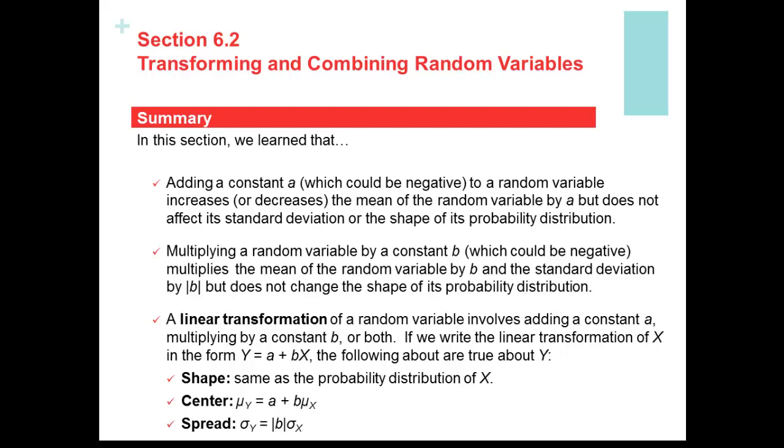The center, mu sub y, will equal a plus b times mu sub x. So you take the mean of the original distribution, multiply it by b, and add a. And the spread, standard deviation sub y, will equal the absolute value of b times the standard deviation of x. That is when you're dealing with one distribution and just doing a linear transformation upon that distribution.